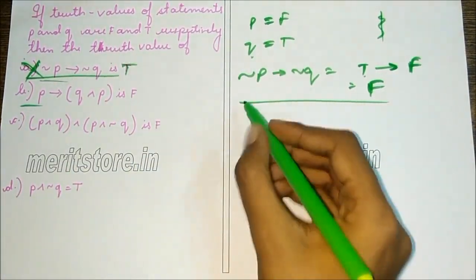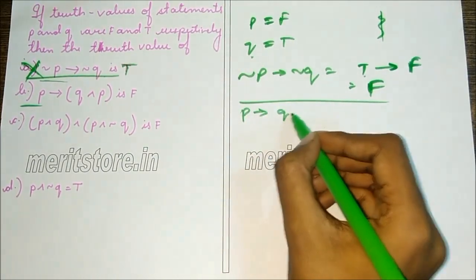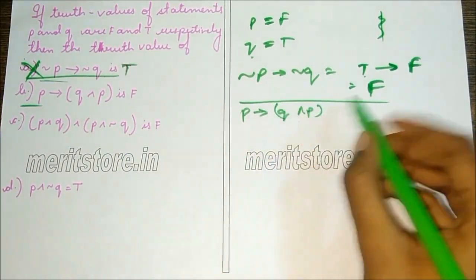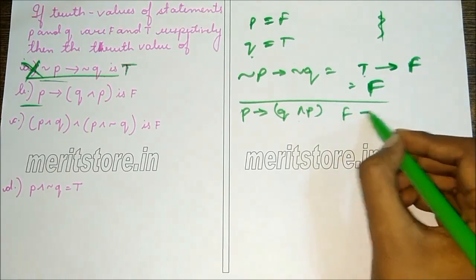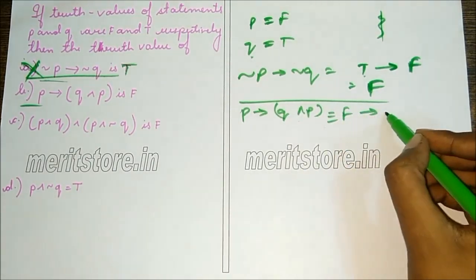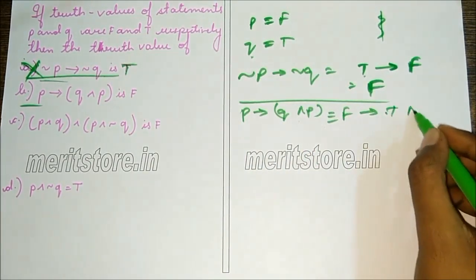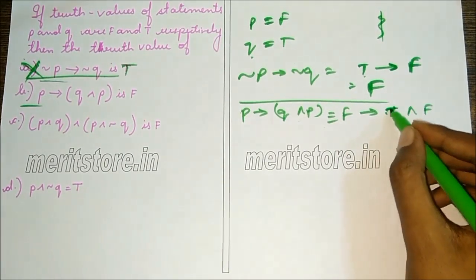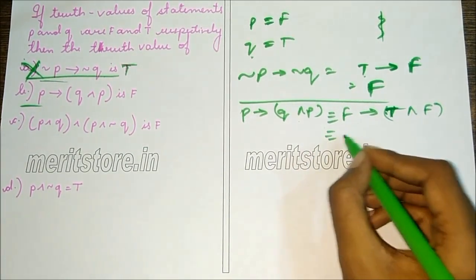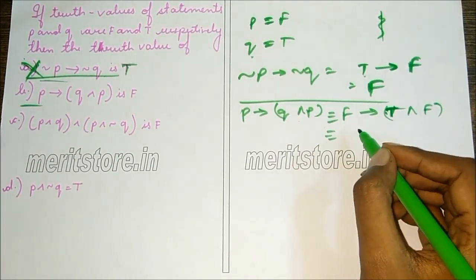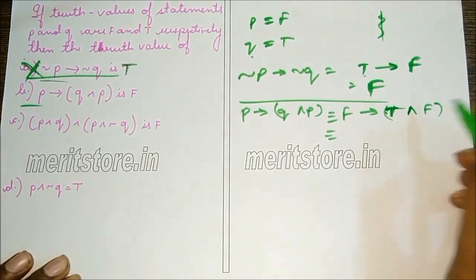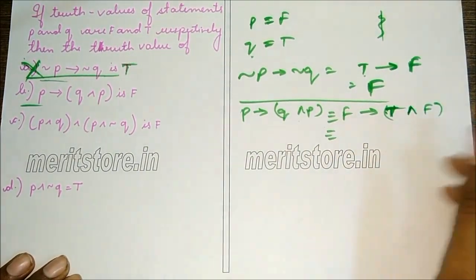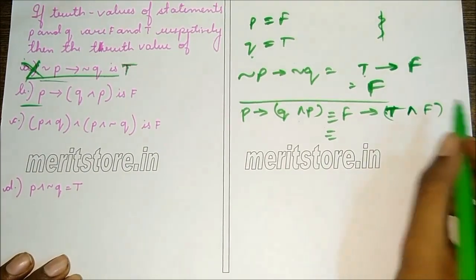Let's check option B. So P implies Q and P. That is false implies Q is true, and F. That is equivalent to, for AND condition both the values should be true, only then it will be true.